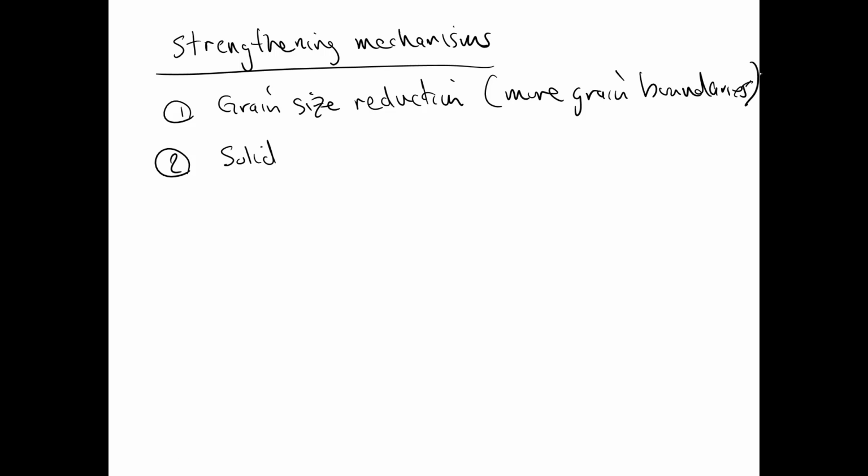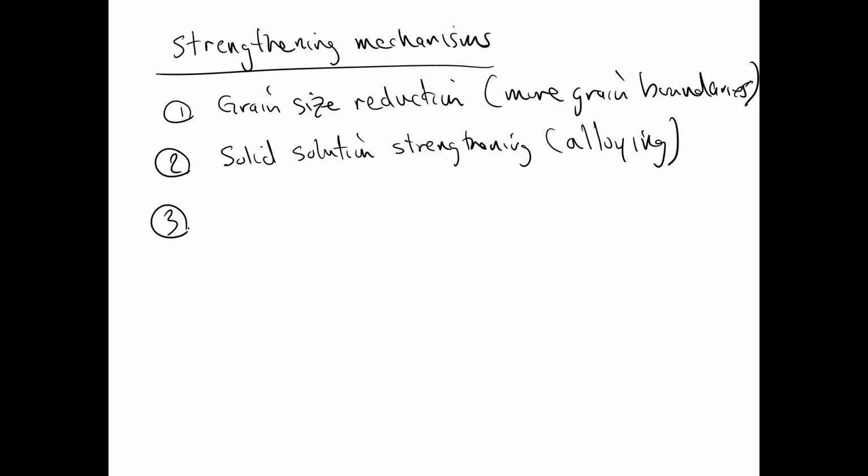The second is solid solution strengthening. This is also known as alloying. So I add zinc to copper to make brass, for instance, and it makes the copper stronger. And then the last one, which we've already hinted at some, is strain hardening.